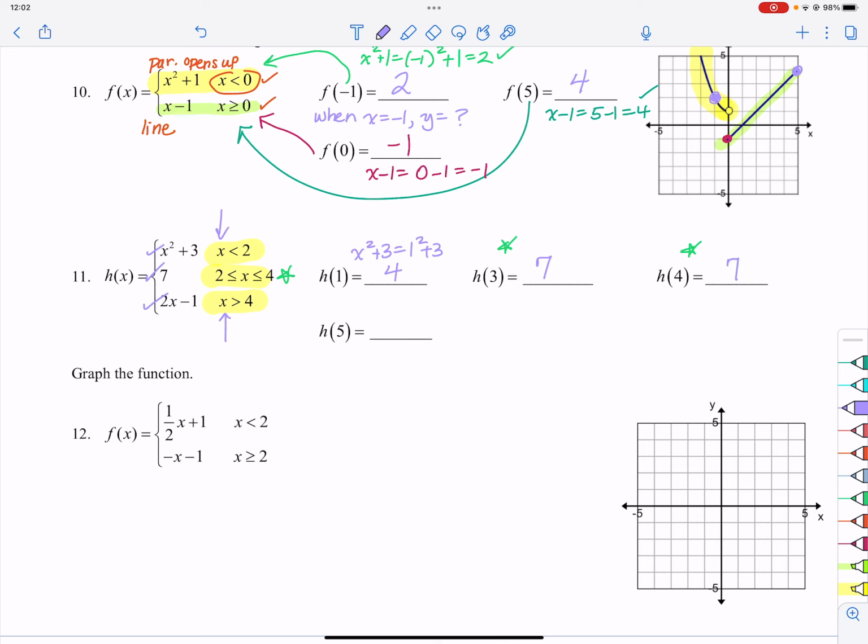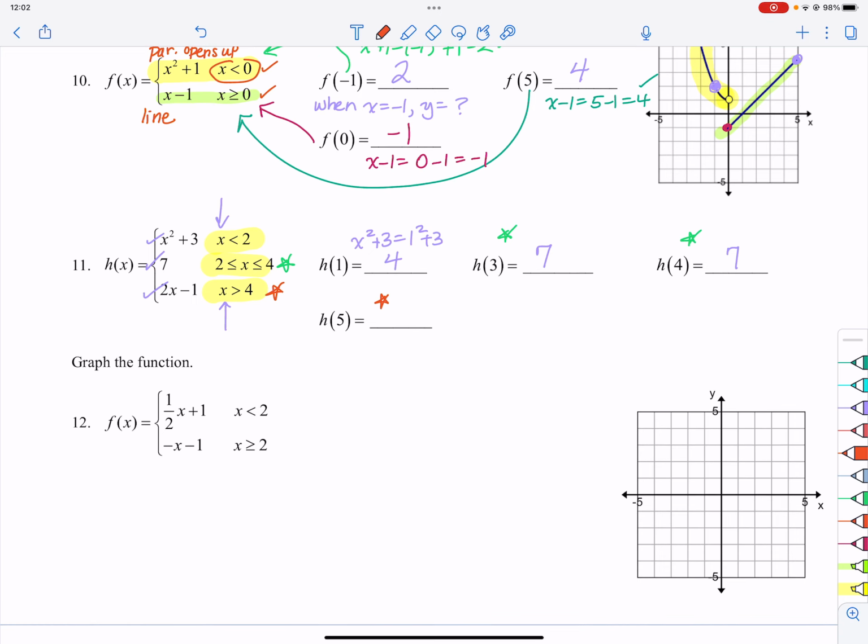And h of 5 is going to fall into this last interval because 5 is greater than 4. So we will have 2 times 5 minus 1, and that's equal to 9. And I probably should have written 2x minus 1.